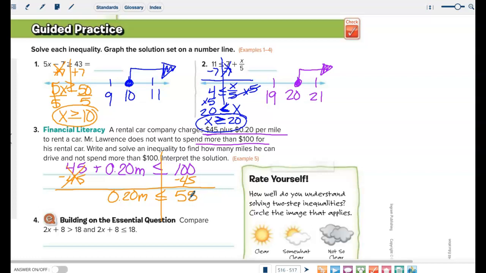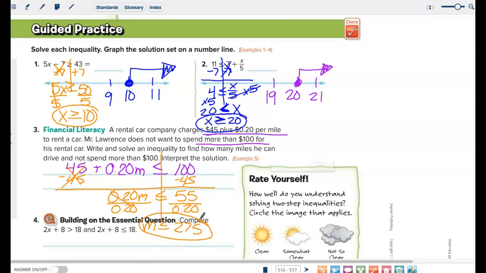And then since that 20 cents is multiplied by n, I do the opposite operation, so I'm going to divide. What you do to one side, you always do to the other. I type in my calculator 55 divided by 20 hundredths, and I get 275. And since I divided by a positive number, my sign stays the same.